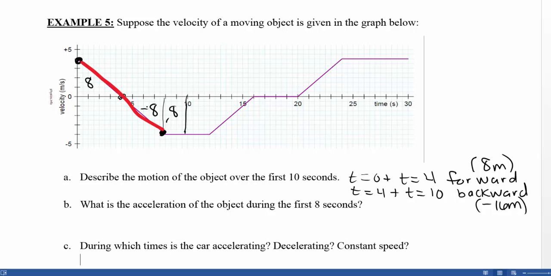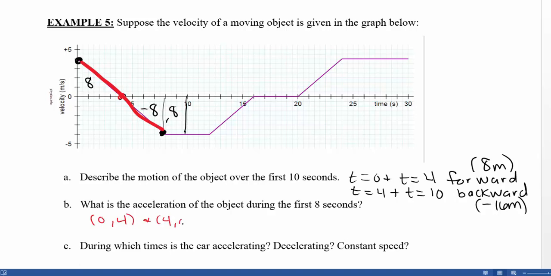So if we're able to calculate the slope of that line, then we'll know the acceleration from time equals 0 to time equals 8. So to calculate the slope of the line, we're going to use 2 points. So here I'm going to use the point 0, 4, and then I'll also use the point 4, 0.